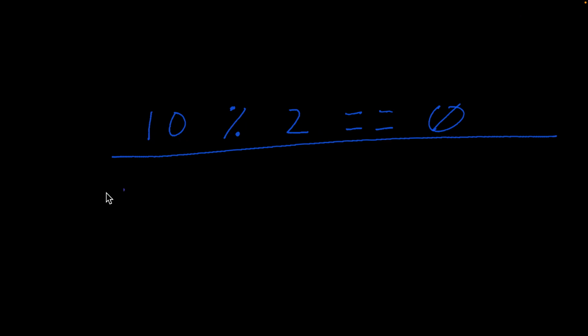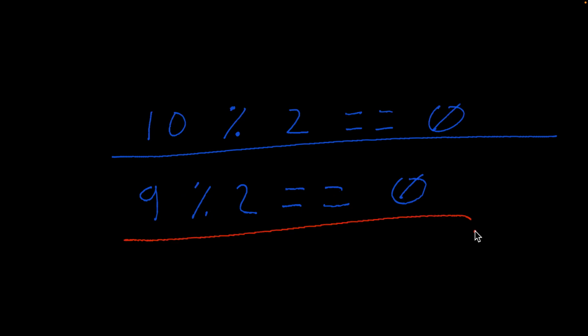Okay. How about this here? 9 modulo 2. Is it equal to 0? Is this statement true? No. Right? Because 9 modulo 2 is going to have a remainder of 1.